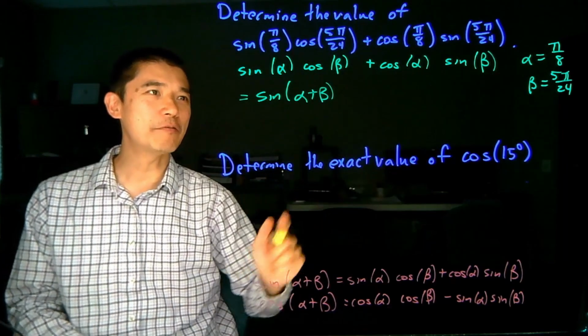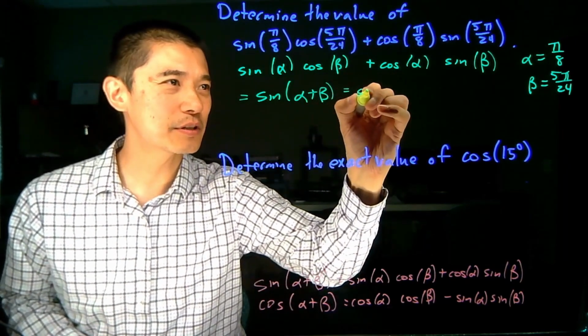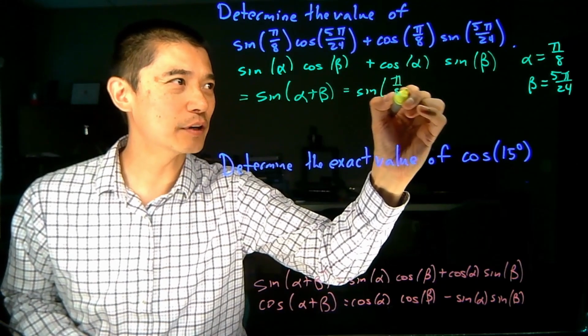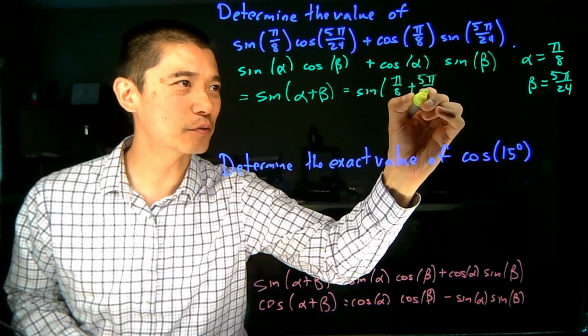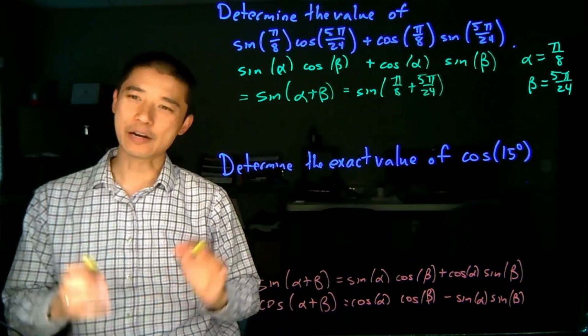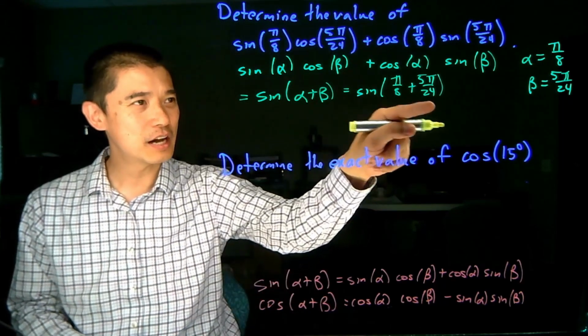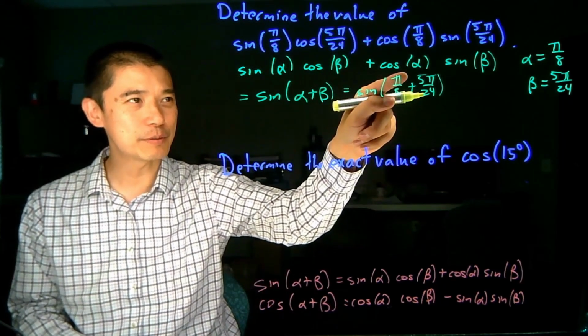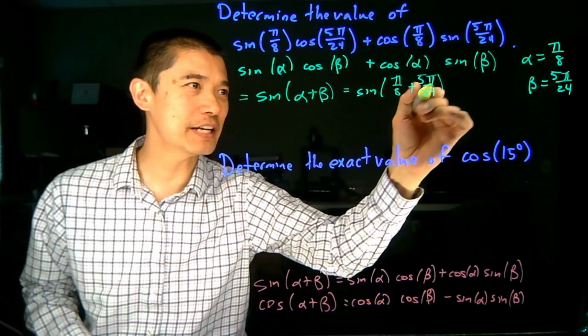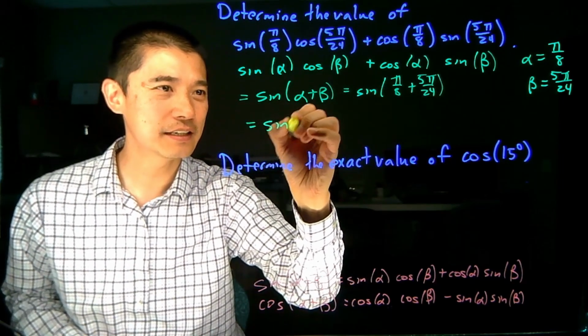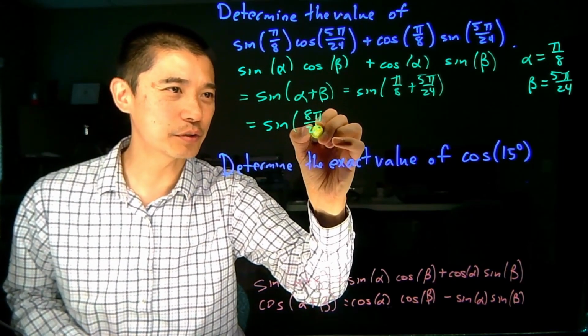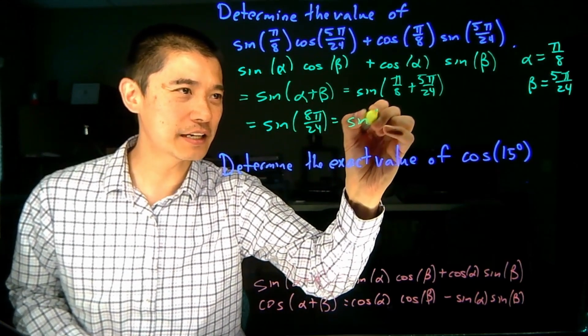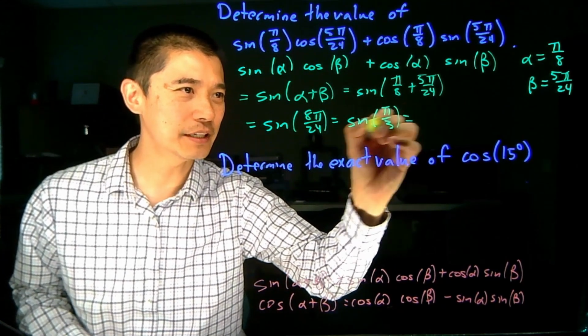But since we know alpha and we know beta, we know that this is equal to sine of pi over 8 plus 5 pi over 24. And now we just do the fraction arithmetic. Common denominator of 24, so 3 pi over 24, 3 plus 5 is 8, so this is equal to sine of 8 pi over 24, which is the same as sine of pi over 3.